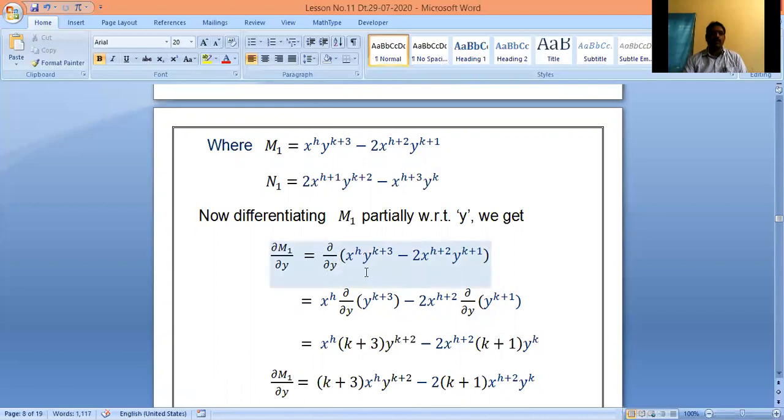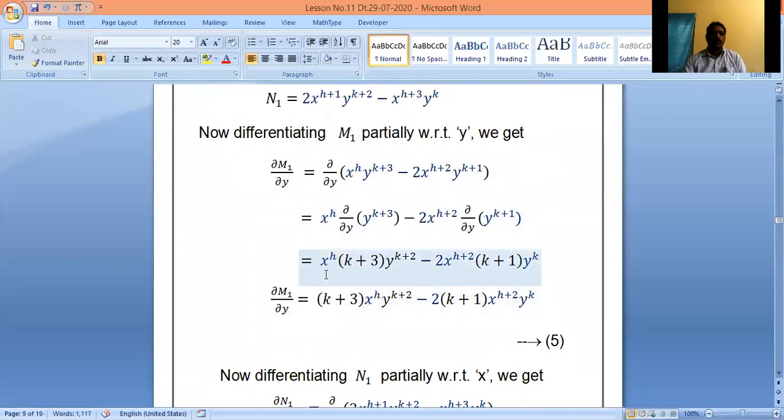Therefore, in the first term, x^h is constant, so it can be written as x^h into ∂/∂y of y^(k+3). In the second term, 2x^(h+2) is constant, so it can be written as 2x^(h+2) into ∂/∂y of y^(k+1).